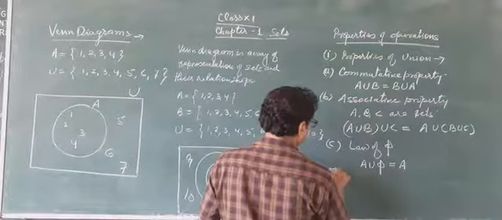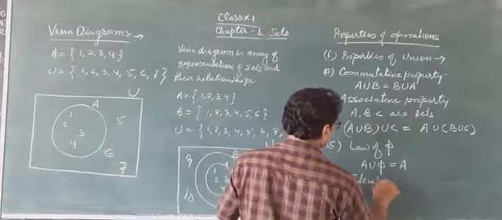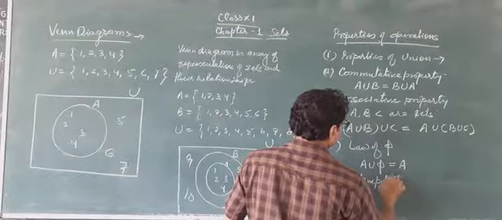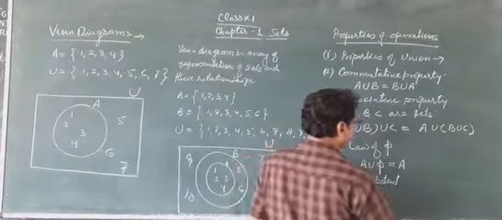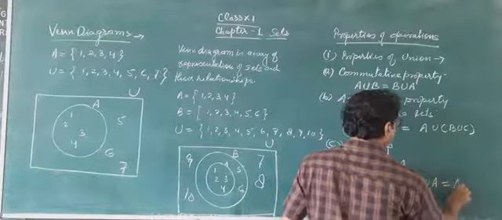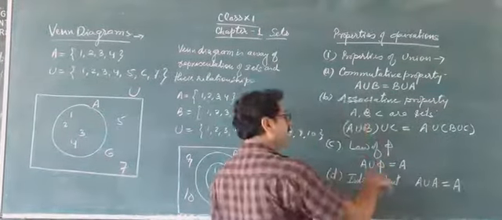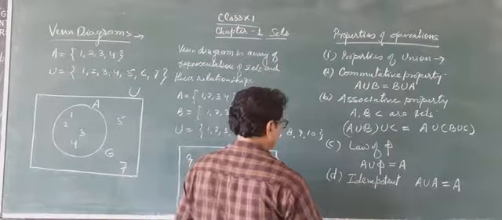And the next one is idempotent. This property is called idempotent, which means A union A is equal to A, that is, the union of a set with itself is the set also.